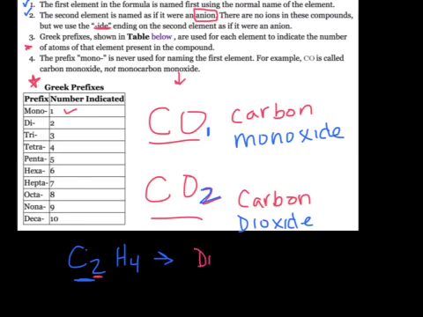Keep the original element's name, so dicarbon. We have 4 hydrogen, so we look up here, we've got 4, tetra, hydride, excuse me. Dicarbon tetrahydride.